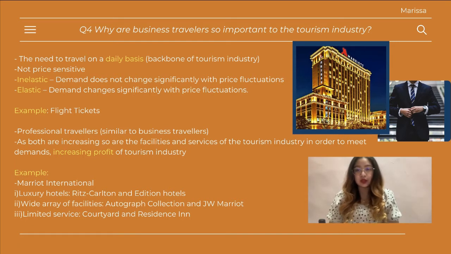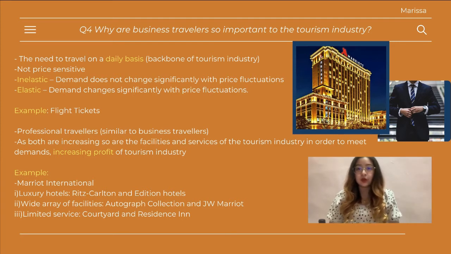Since business travelers have to travel on short notice, a fairly expensive ticket price does not affect them, thus exemplifying an inelastic demand. The fact that business travelers are not price sensitive to many other things definitely increases the profit margin of the tourism industry, thus highlighting the importance of business travelers to the tourism industry.